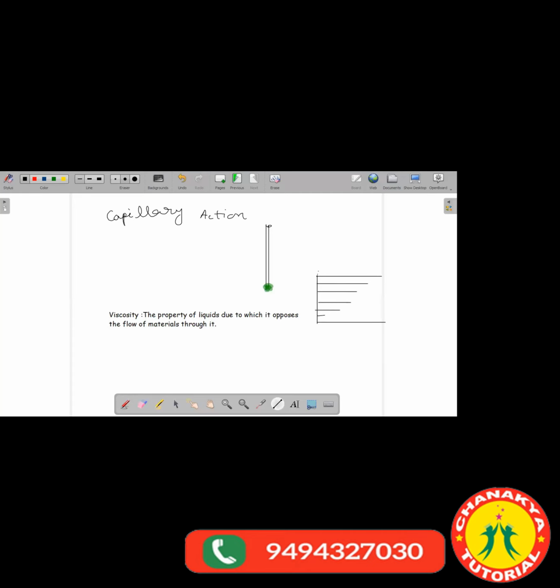The liquid moves in the form of layers. So when the upper layer moves, the layer below it offers a resistance to the upper layer. Due to the friction between the two layers, there is an opposition.